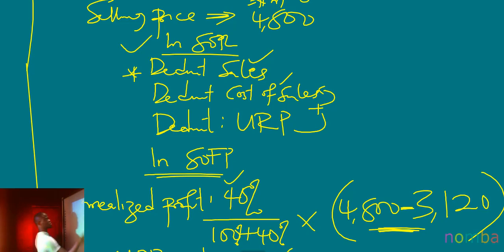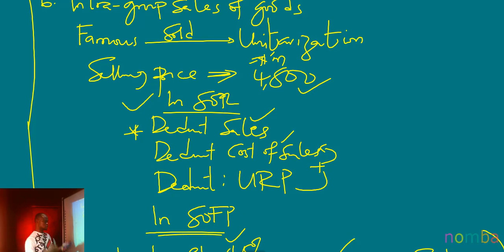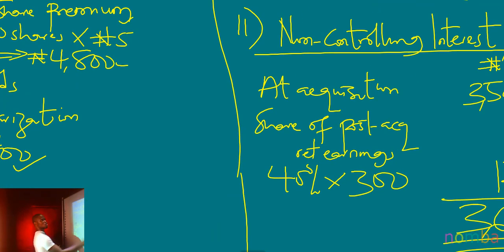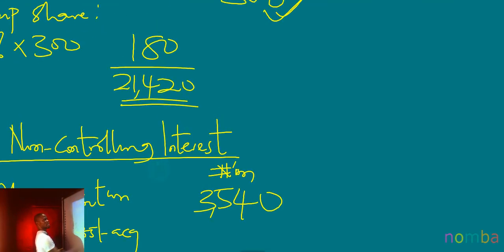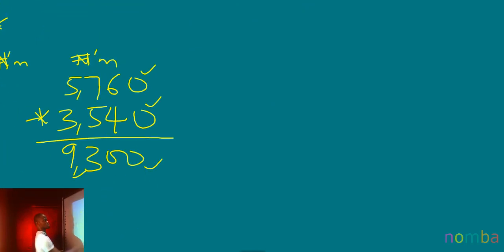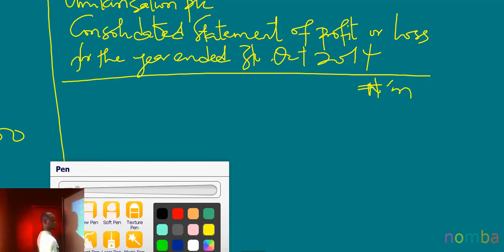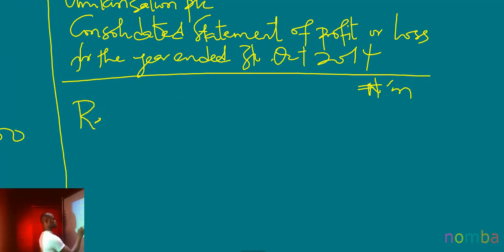So let's deduct the sales amount, which is 4,800. If you deduct 4,800, we'll be left with 58,800. And it is that 58,800 that we are going to consolidate. So let's transfer the amount to the consolidated statement of profit or loss. That's my revenue. The revenue will be 58,800.